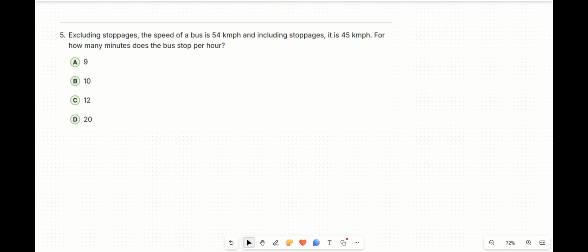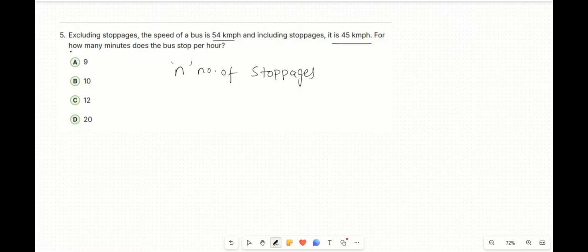Let's solve the fifth question. Excluding stoppages, the speed of the bus is 54 km per hour. Including stoppages, it is 45 km per hour. Here, suppose there are n number of stoppages, right?